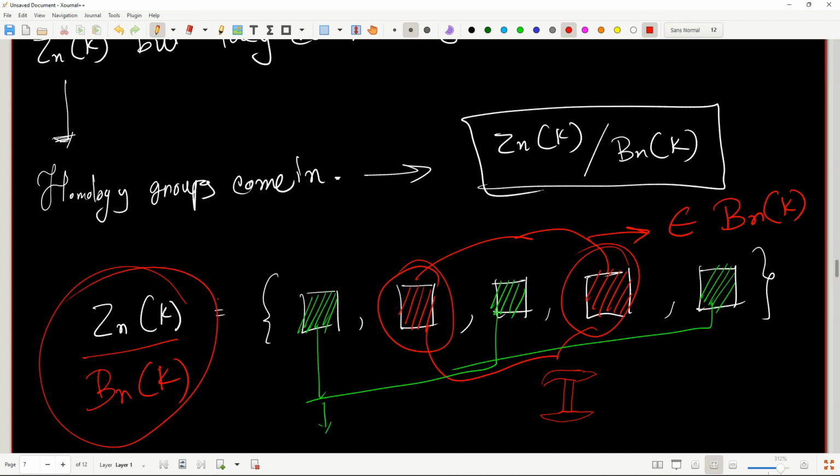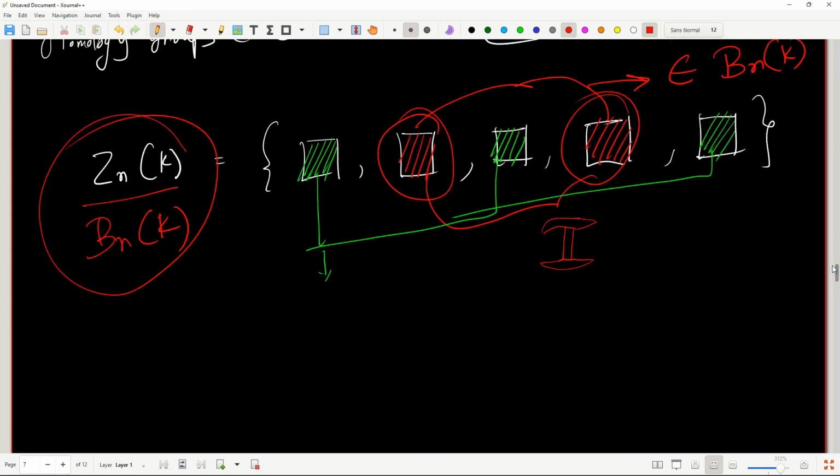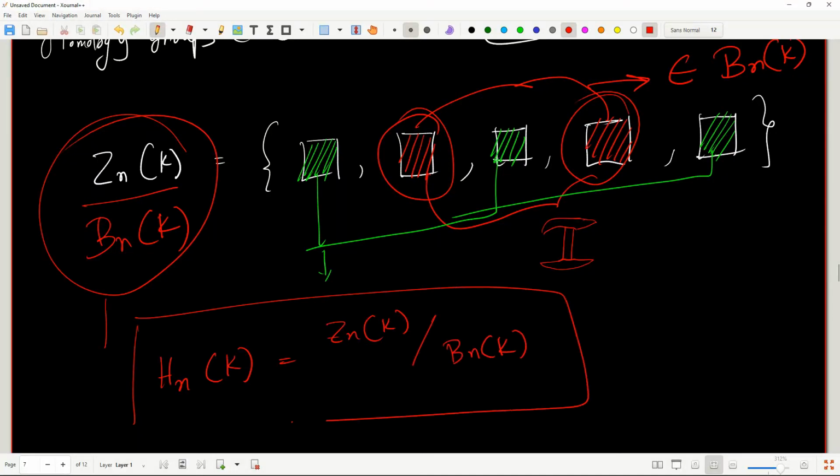And this is what the homology group is. In fact, this is how it is defined. The nth homology group is given by this, and we'll talk more about these homology groups after this.